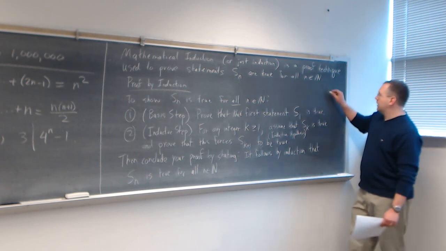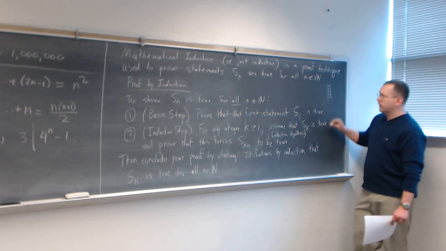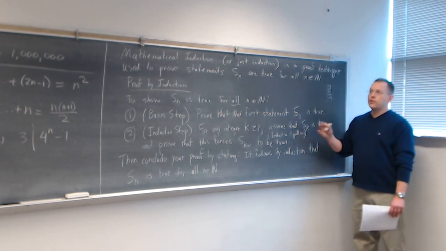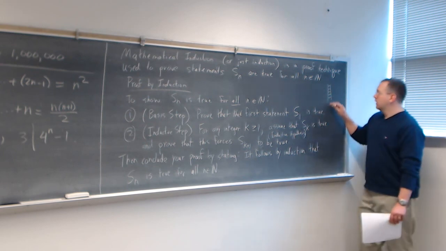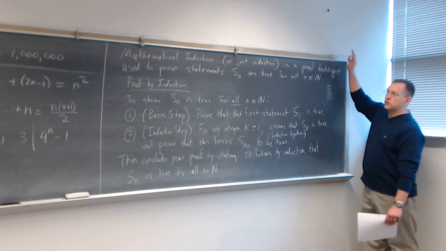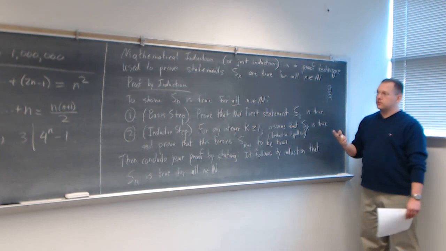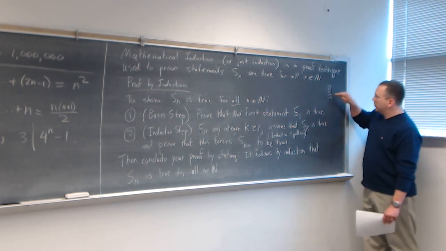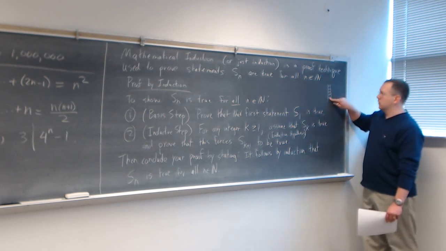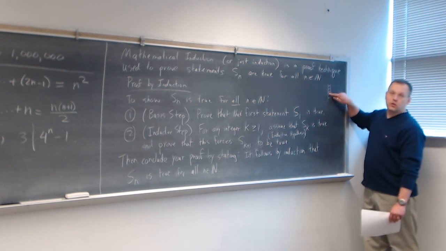So another analogy I've heard is climbing a ladder. Proving a statement is true for all n is like climbing up all the rungs of a ladder. In order to climb a ladder, you need to master two skills. You have to stand up on the first rung, and then be able to move up to another rung.